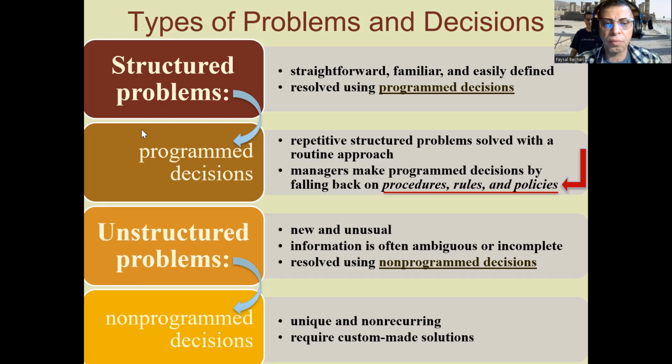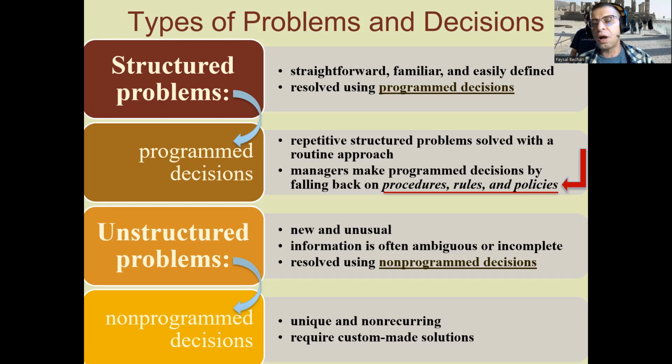Structured problems are usually solved with some kind of programmed decision. A structured problem is straightforward, familiar, and easily defined, resolved using a programmed decision. That's for the guys who like sports, they say, like, he threw a curveball on me. That's unstructured for the hitter, for example.